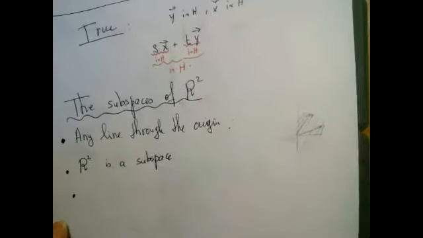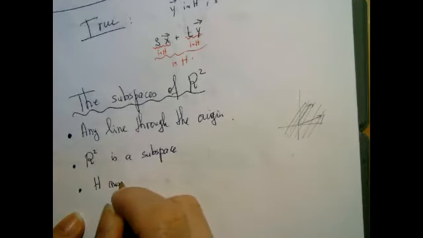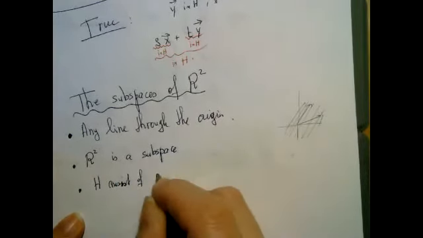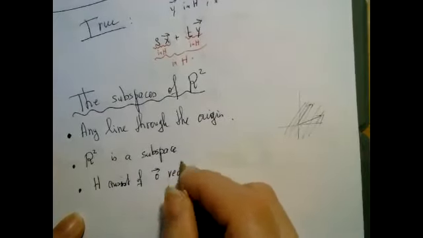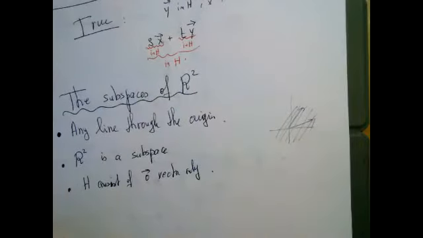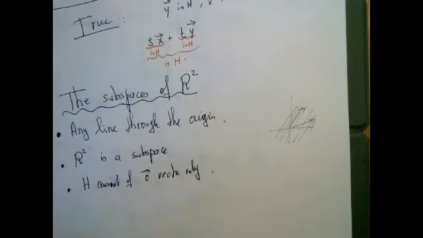Suppose H consists of the 0 vector only. That's a subspace because 0 is in it. Adding two zeros, you still have a 0. Scaling 0, you have a 0.